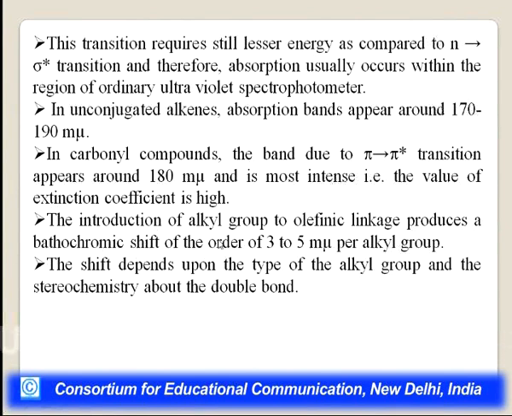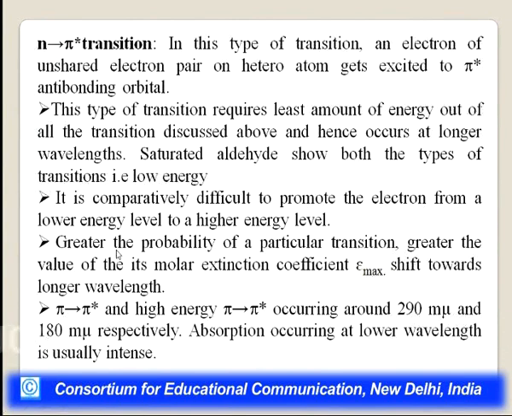Now we are talking about this shift, whether the wavelength absorbed by a particular part of a molecule gets changed. Yes, it can definitely change by the introduction of an alkyl group. The bathochromic shift depends upon the type of alkyl group and the stereochemistry about the double bond. We will discuss in detail the shifts due to the change in lambda or extinction coefficient.